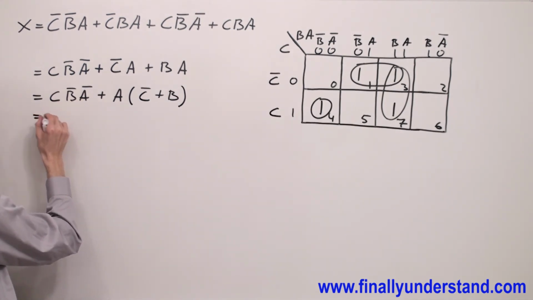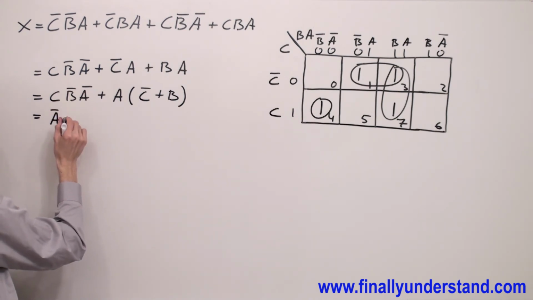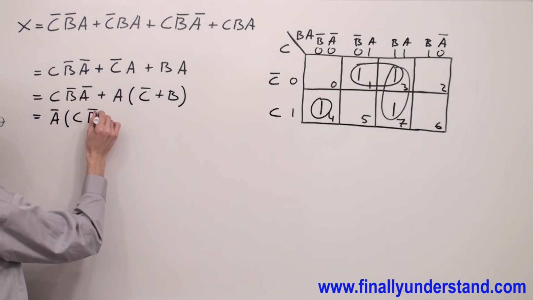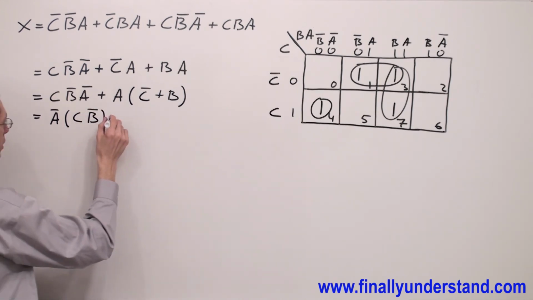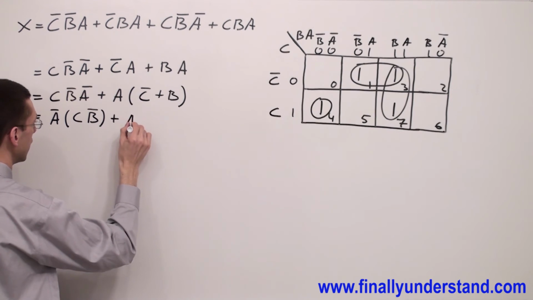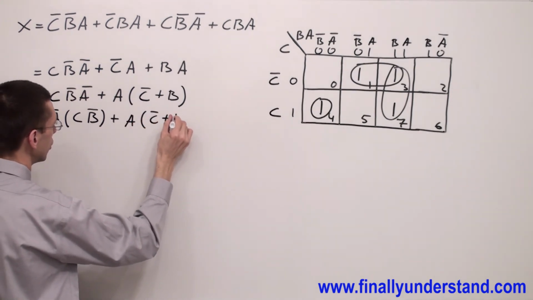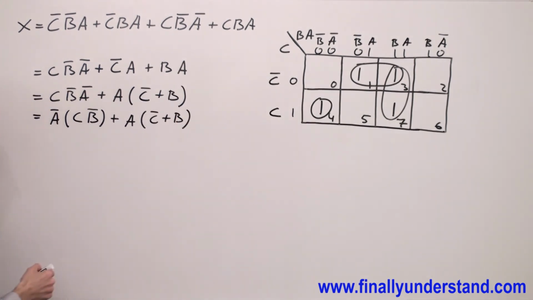I'm going to switch the positions of the variables, and I'm going to write A naught, and I have C and B naught, or A and I have C naught or B.